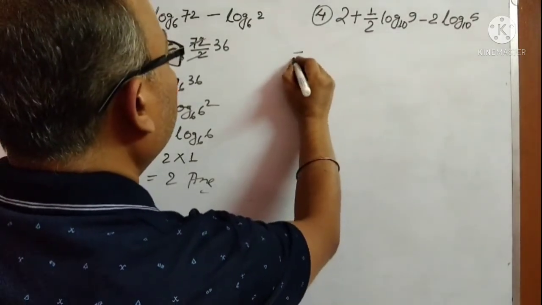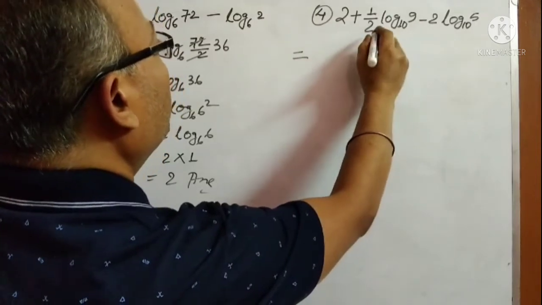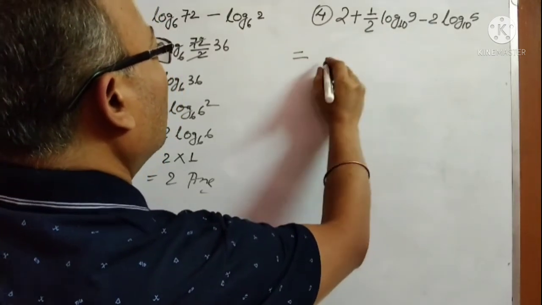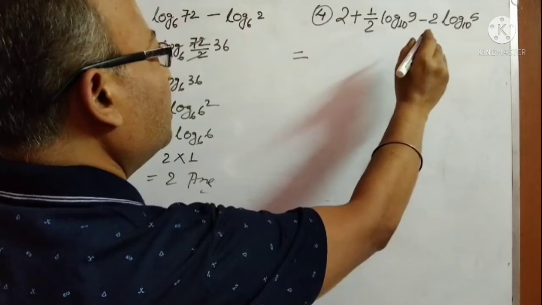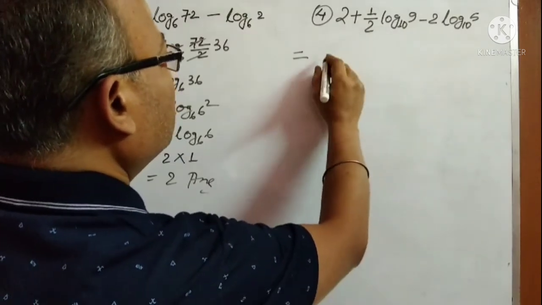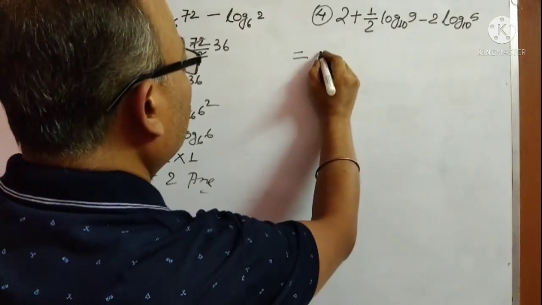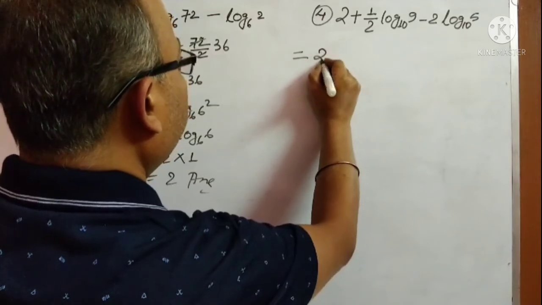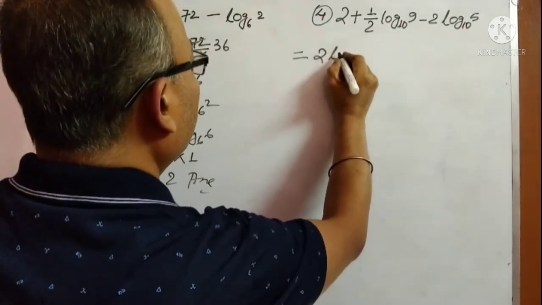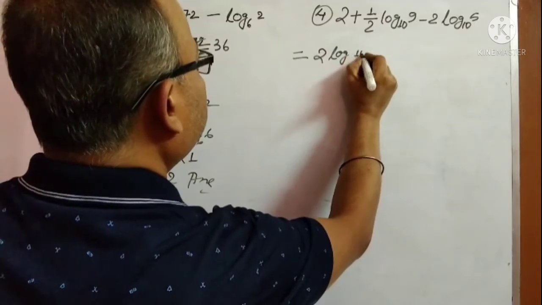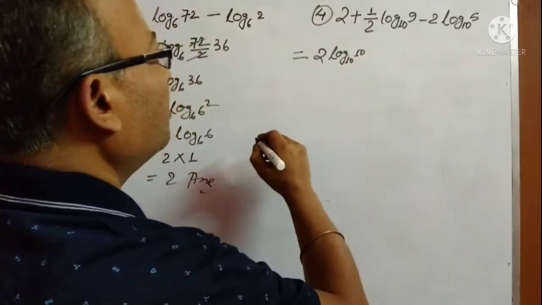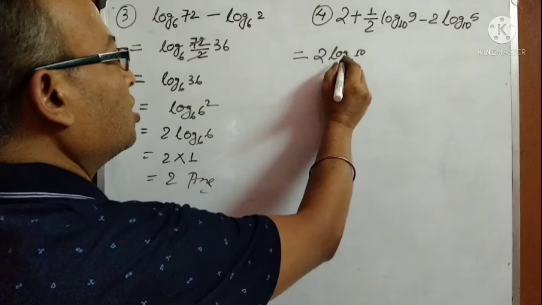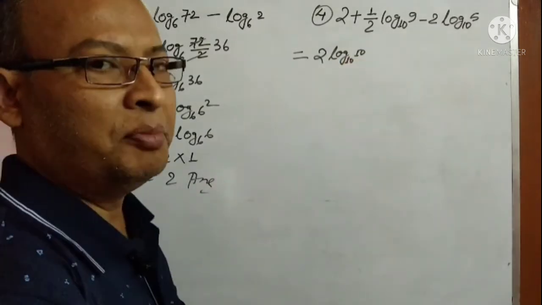Now this one: 2 plus 1 by 2 log 9 to the base 10 minus 2 log 5 to the base 10. So 2 over here, what we will do is 2 into log 10 to the base 10, because log 10 to the base 10 is how much? 1.